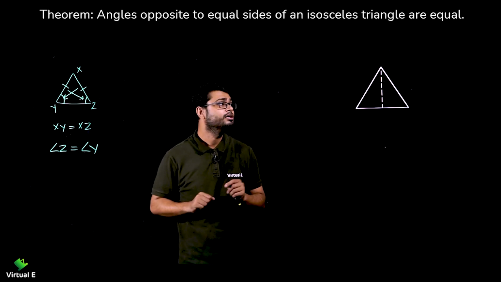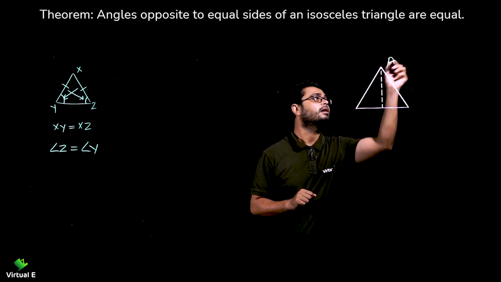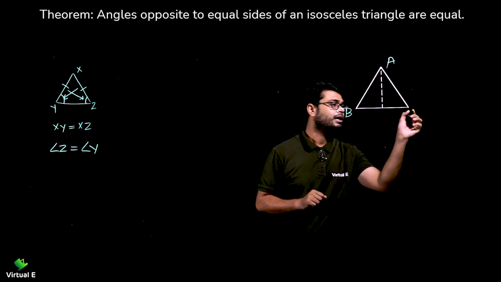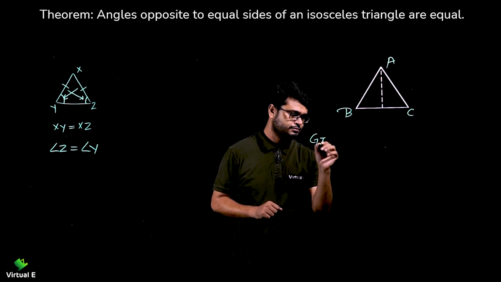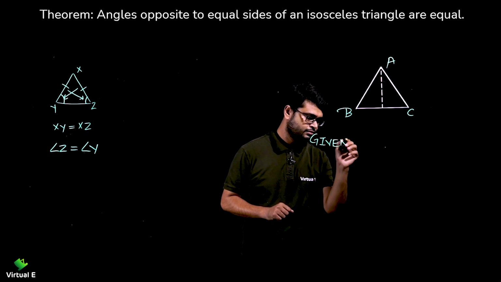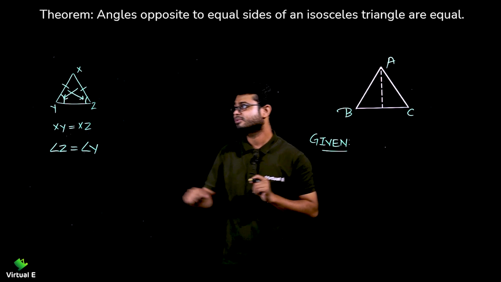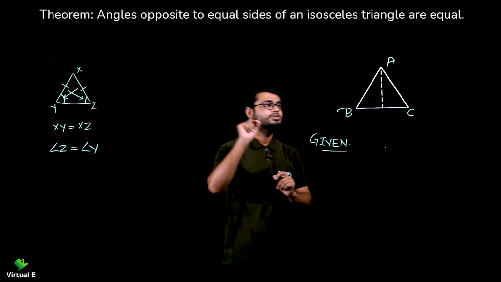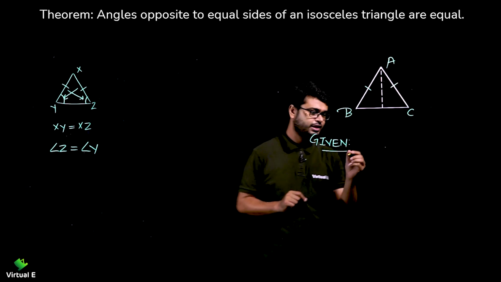So let's start with the proof. First of all, let's name it A, then B and C, right? So let's write given: we have triangle ABC. Now what is the condition? I told you we should have two sides equal. So let's say AB and AC are equal.